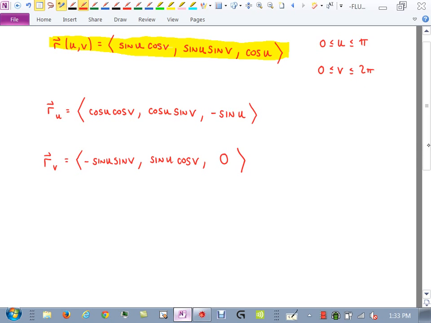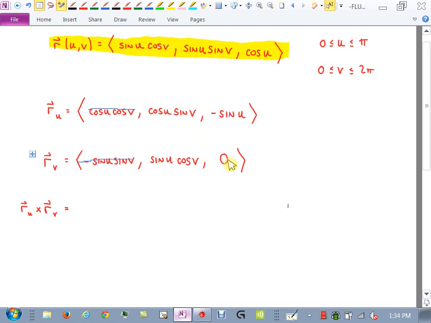So what's R sub U cross R sub V? All right. Well, what's the I component? So remember what we did was we covered up the I's, like this. And then we did this times this. Determinant here. So this times this is 0.